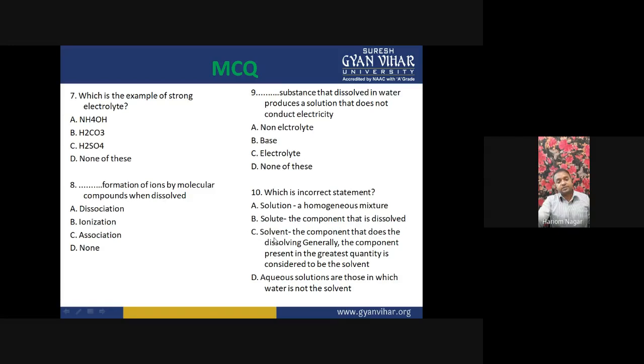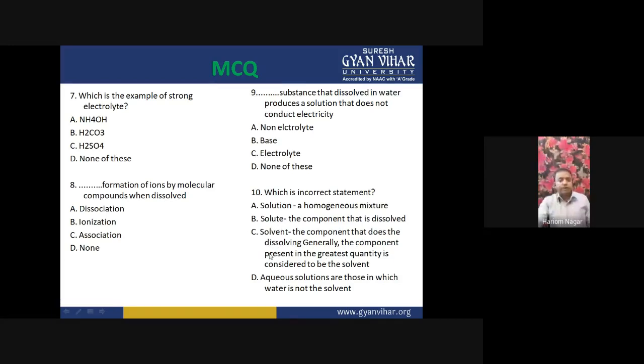Option C is solvent. The solvent is the component that does the dissolving, generally the component present in the greatest quantity. The solvent is present in greater quantity than the solute, and it dissolves the component called the solute.